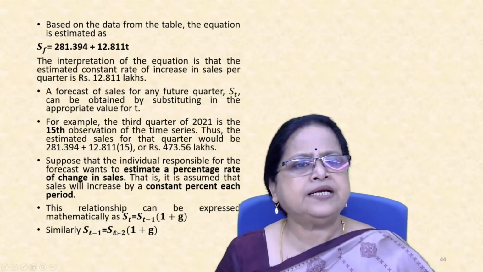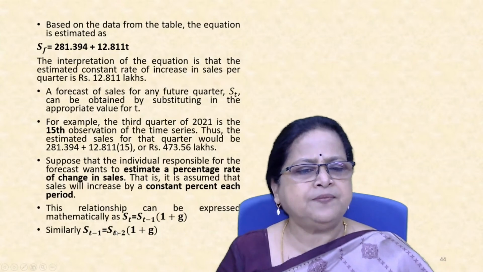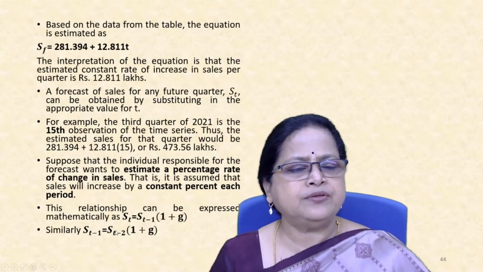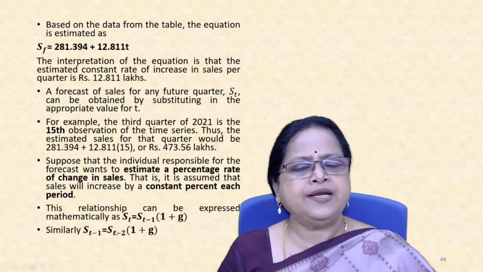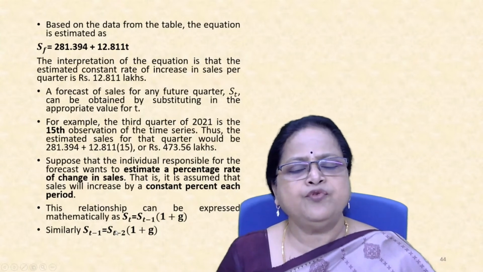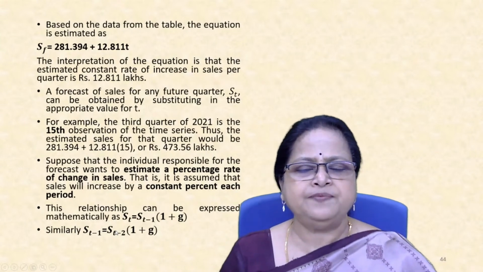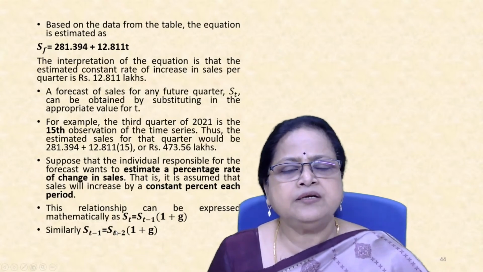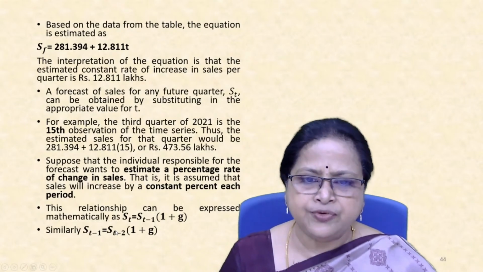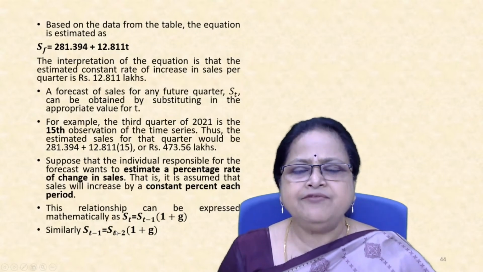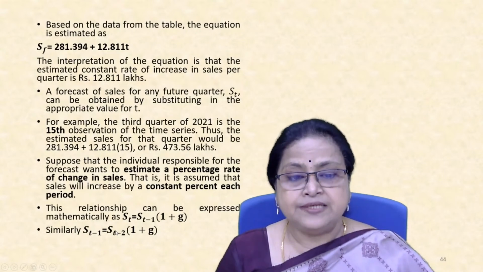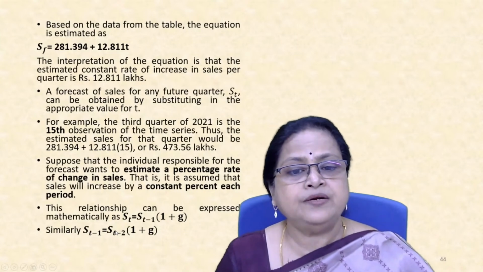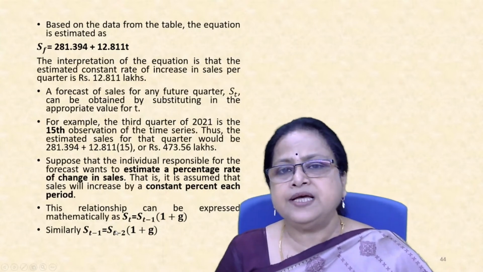Now we substitute that in place of t: 281.394 plus 12.811 into 15, or rupees 473.56 lakhs. So at the end of the third quarter of 2021, the forecasted or expected sales will be 473.56 lakhs. This was not there in the table.